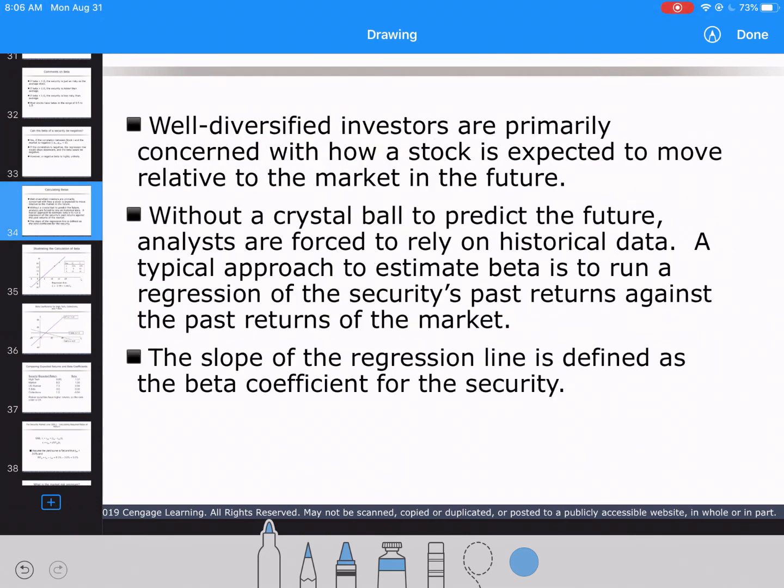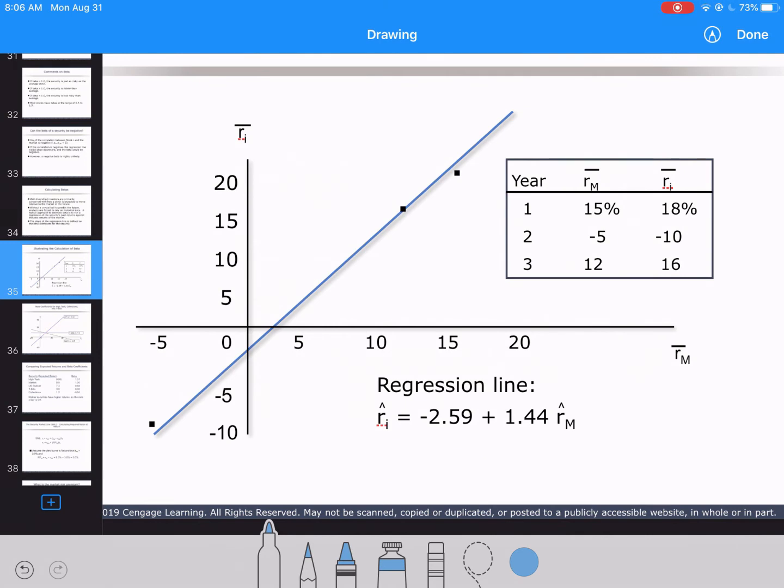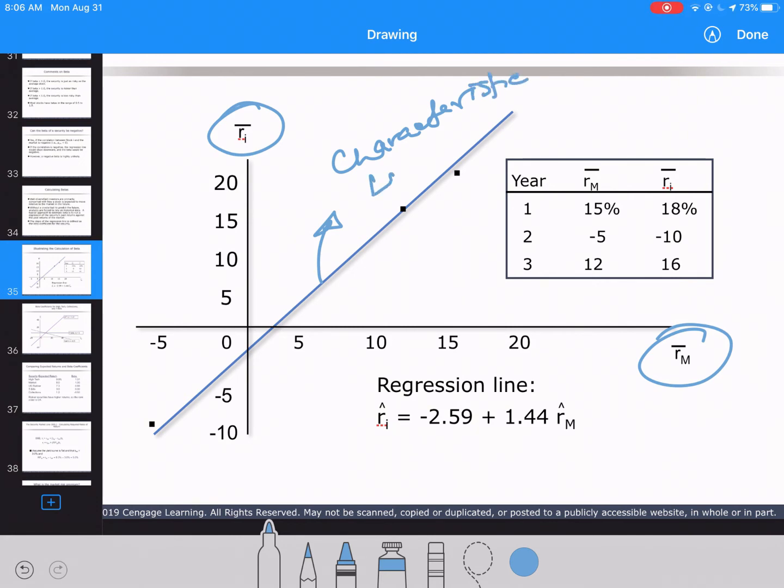So look here, this is the average market return, and this is the individual security in question. We look at this line, which is known as the characteristic line. You can see the slope is positive, so the beta should be positive.